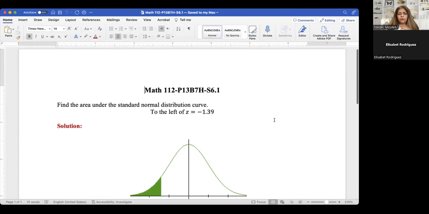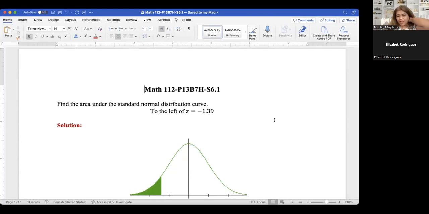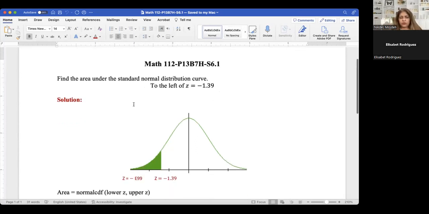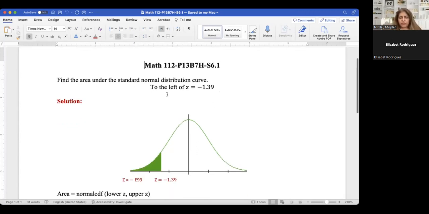Number 7 is asking to find the area for a standard normal distribution. The word standard means the Z curve. If we don't have the word standard, we are looking at the X curve. So you want to find the area under the curve to the left of Z equal to negative 1.39.